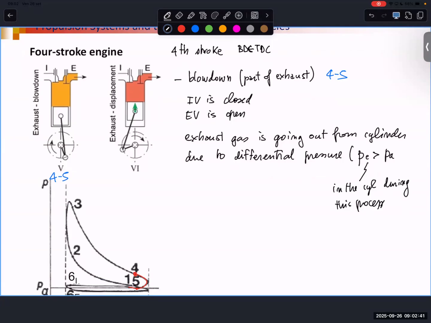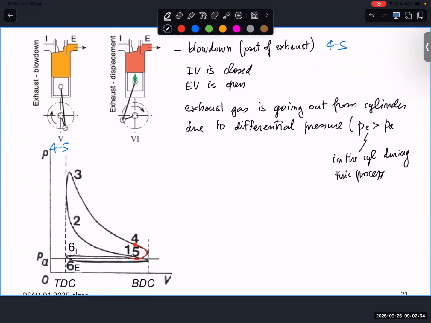So pressure in the cylinder during this process. We can split between blowdown and displacement, and the displacement is occurring later. The blowdown is likely occurring before reaching bottom dead center.